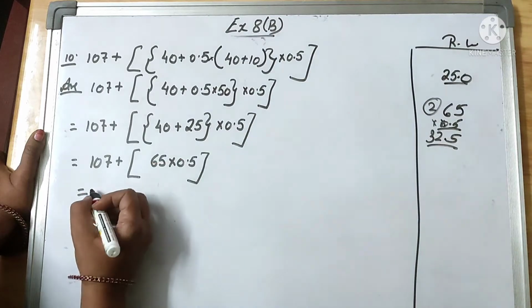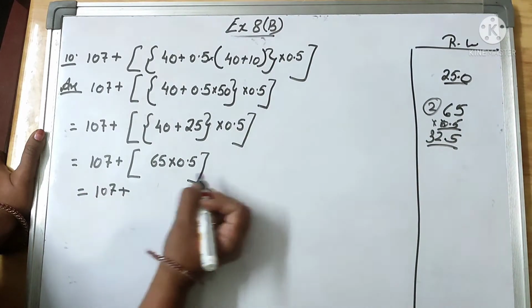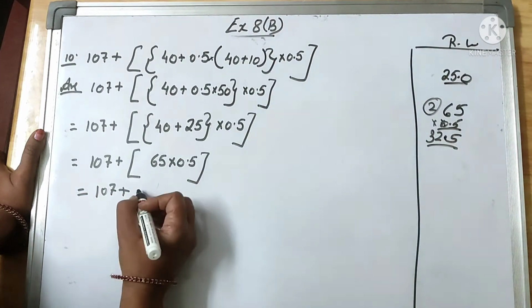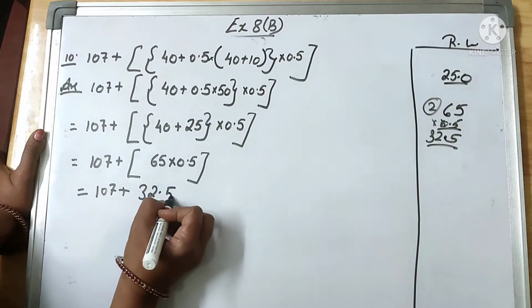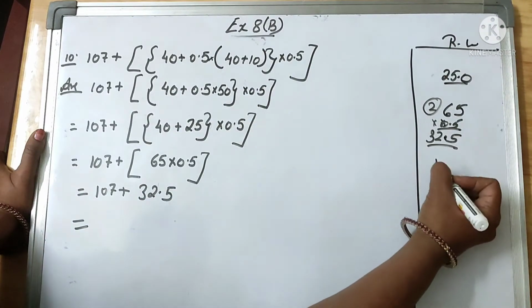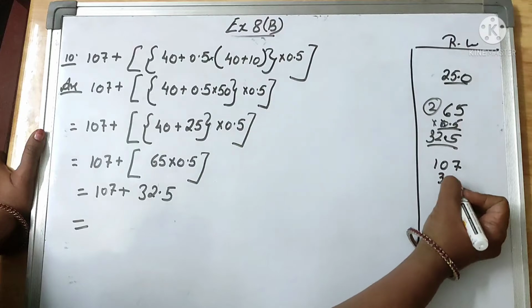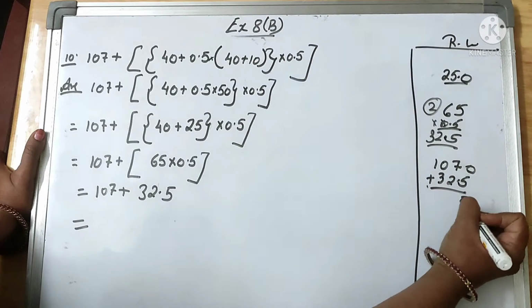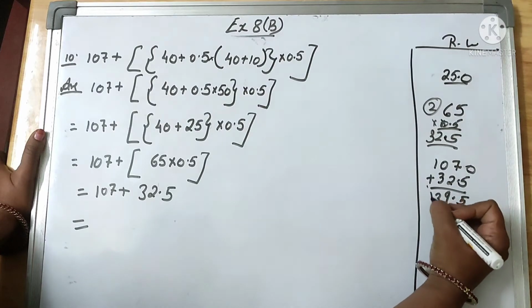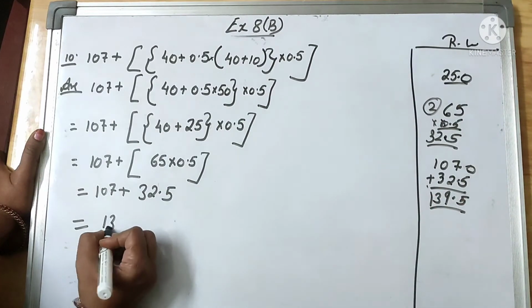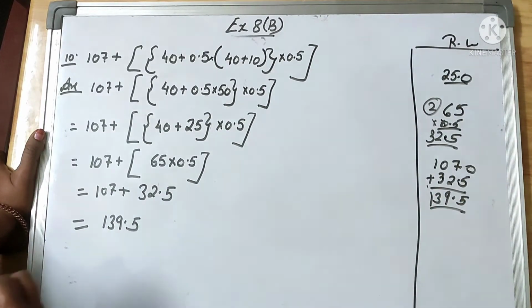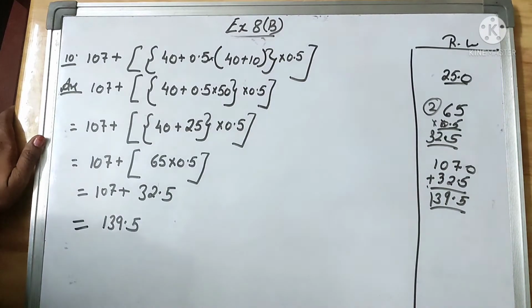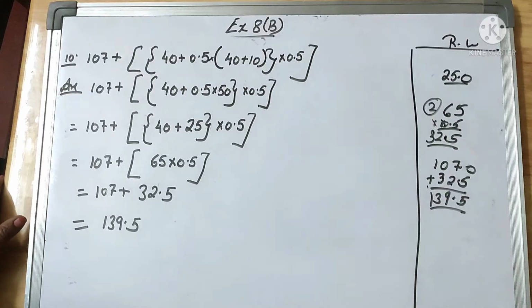So it comes out to be 107 plus 32.5. Now I have to add 107 plus 32.5. So it comes out to be 139.5. The answer is 139.5. In this way we solve the 10th one.